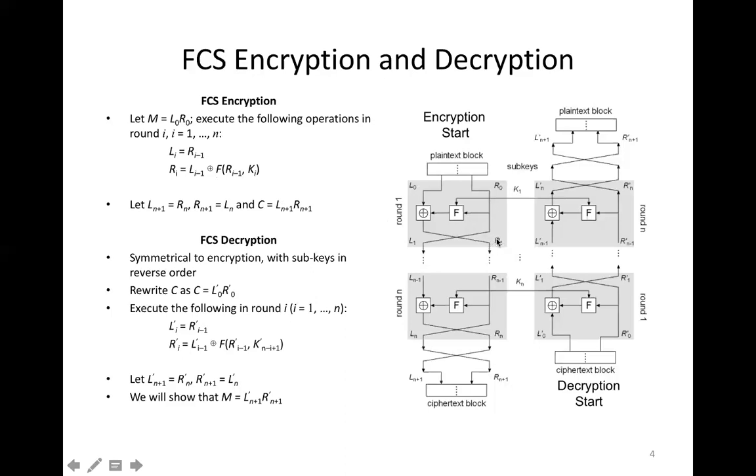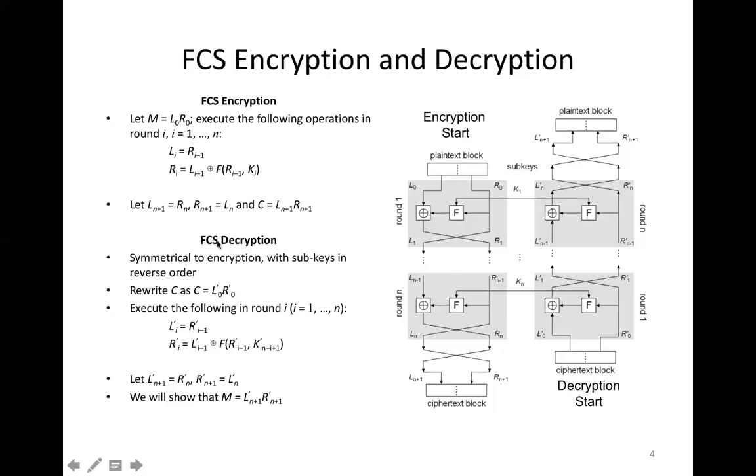Then you repeat this same set of operations n times, and then you get the output: L sub n and R sub n. You swap them, and you get your cipher text block.